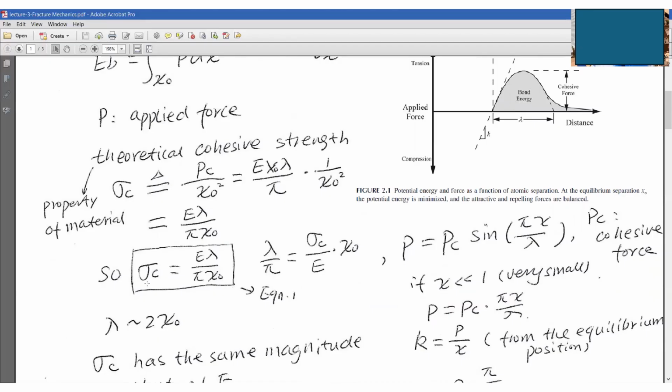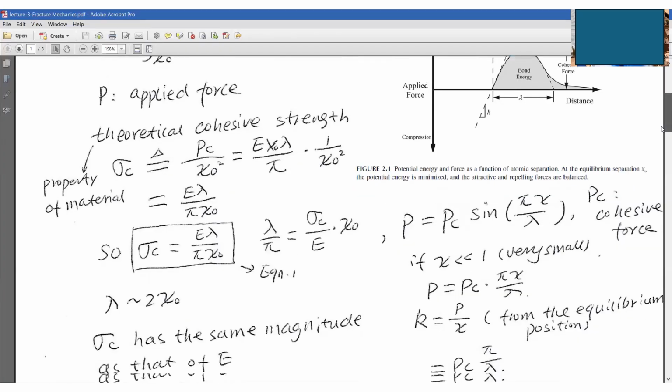We call this equation 1. Sigma C is defined as the product of E and lambda divided by pi multiplied by x0, the equilibrium spacing. So based on this, lambda over pi equals sigma C divided by E and x0, right?